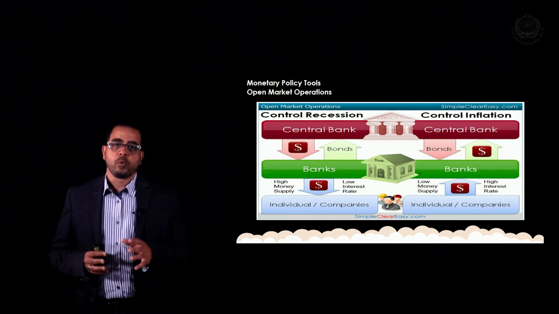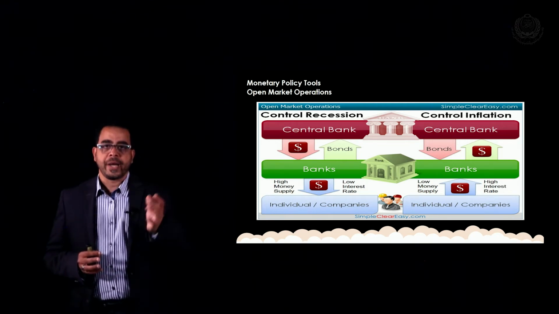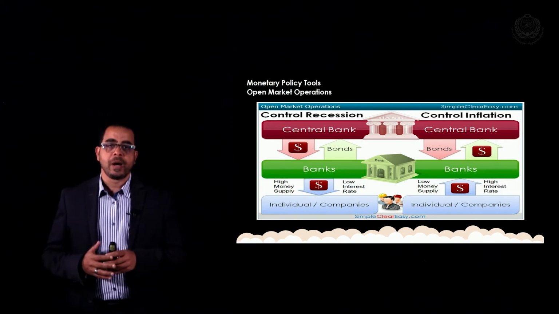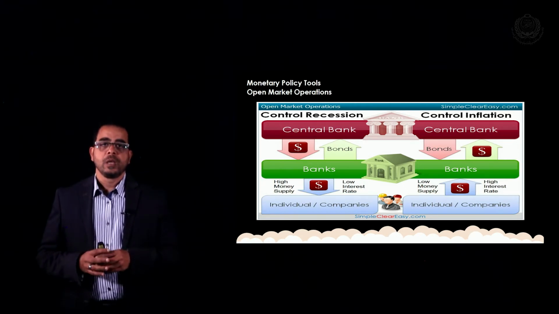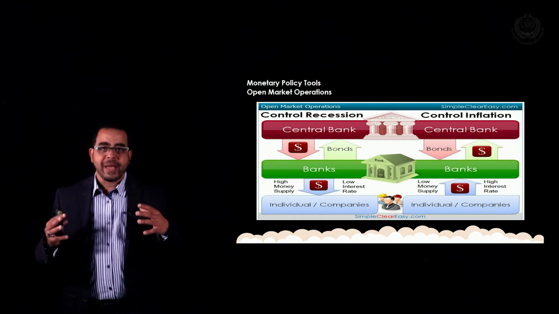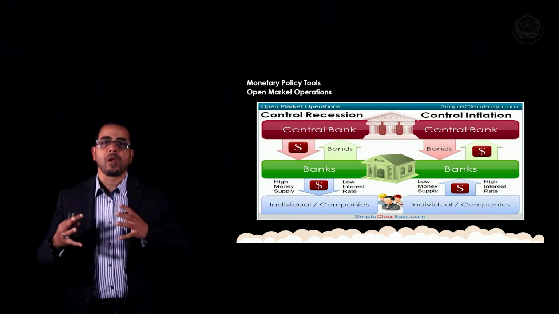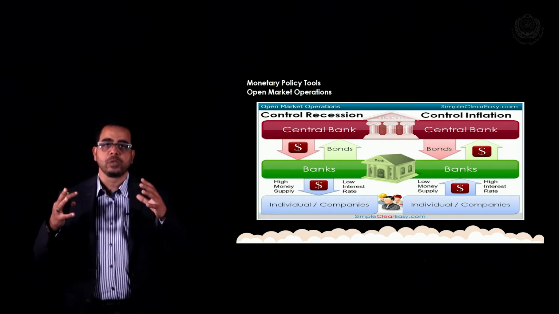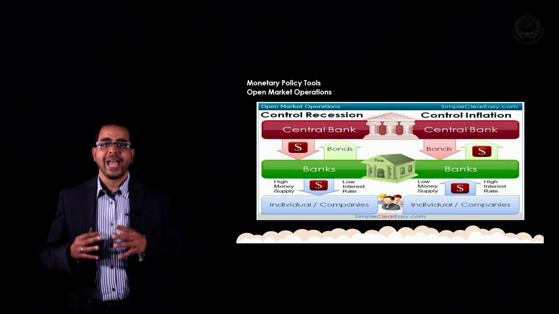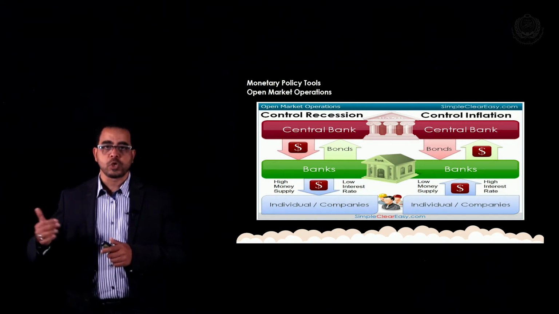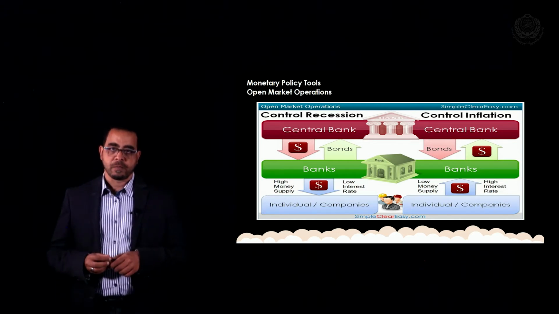So the central bank will buy the bonds and will give the money to the people and the banks. The banks will find that their reserves of money are increasing, the money supply is increasing, so they will start decreasing interest rates. As they decrease interest rates, this will encourage more consumption and more investment.